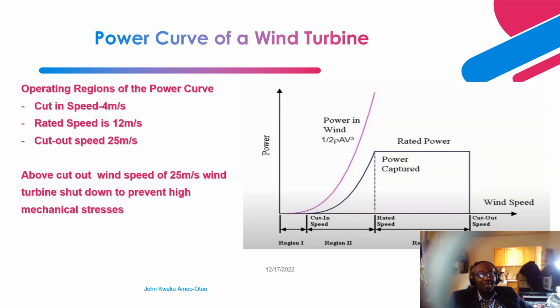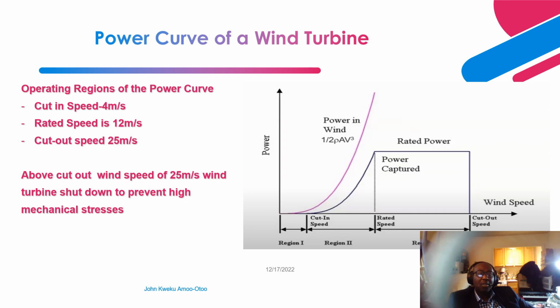So cut-in speed is when the wind turbine starts generating power based on this curve, and this is based on the cube of the wind speed. The curve on the left-hand side is the power that is in the wind itself, and on the right is the power that is generated by the wind turbine.